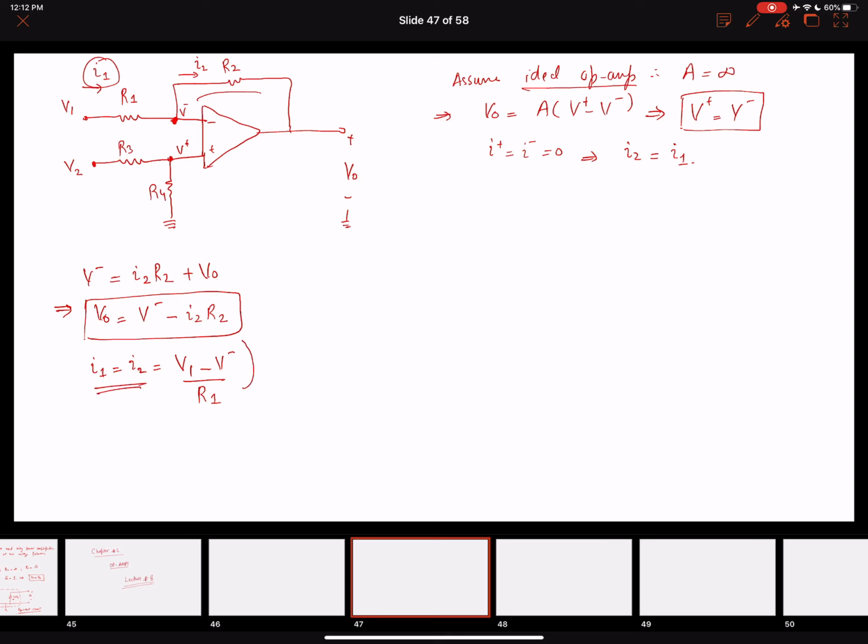Now we can replace this value over here, and the value of our V naught becomes V negative minus I2, and I2 is V1 minus V negative over R1, times R2.